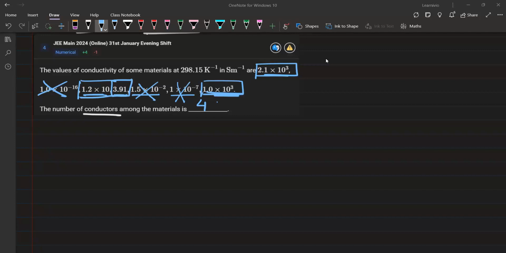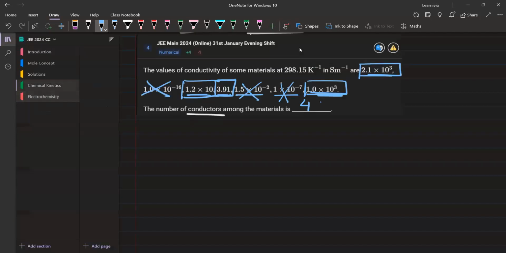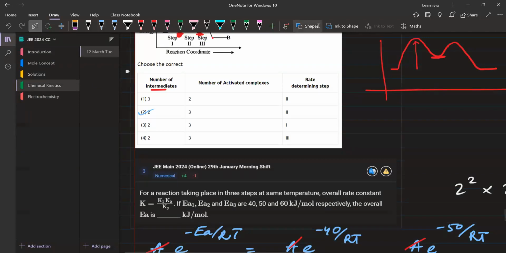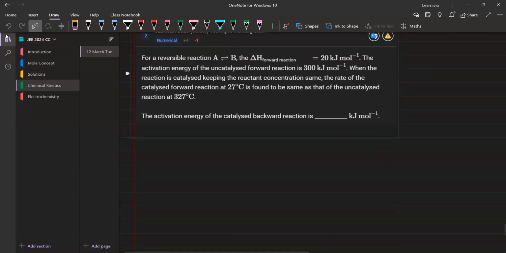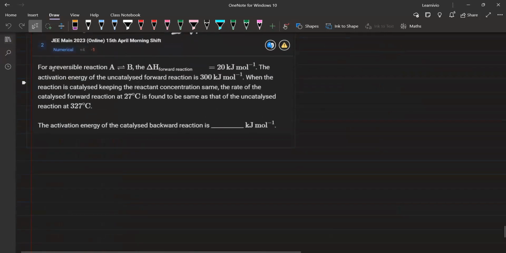Since we have a bit of time left now, we will do one question from chemical kinetics, which was the remaining question. This was about this question. Write this. For a reversible reaction A giving B, the delta H forward is 20 kilojoule per mole.